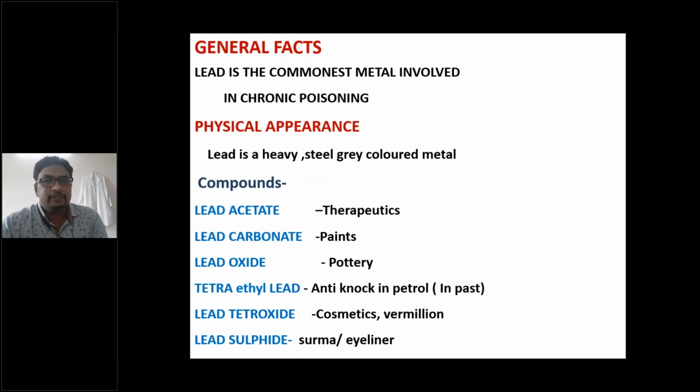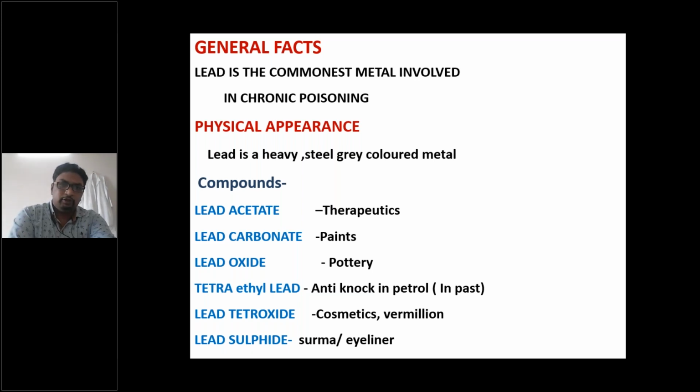So these are some of the brief findings of arsenic poisoning. Today we will see about lead poisoning. Lead poisoning is one of the commonest metal poisonings, involved in chronic poisoning. Most of the metallic poisonings, we don't see acute poisonings.